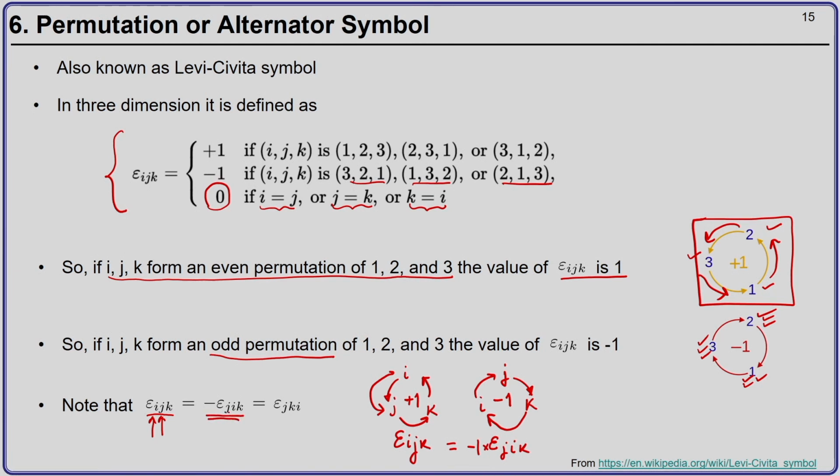And if you reverse one more time, if you interchange i and k here, then one more minus sign will come and these 2 minus signs will become plus. So, epsilon i, j, k is the same as epsilon j, k, i. This property is very useful when you are deriving expressions and going through your equations in indicial notation. It comes very handy.